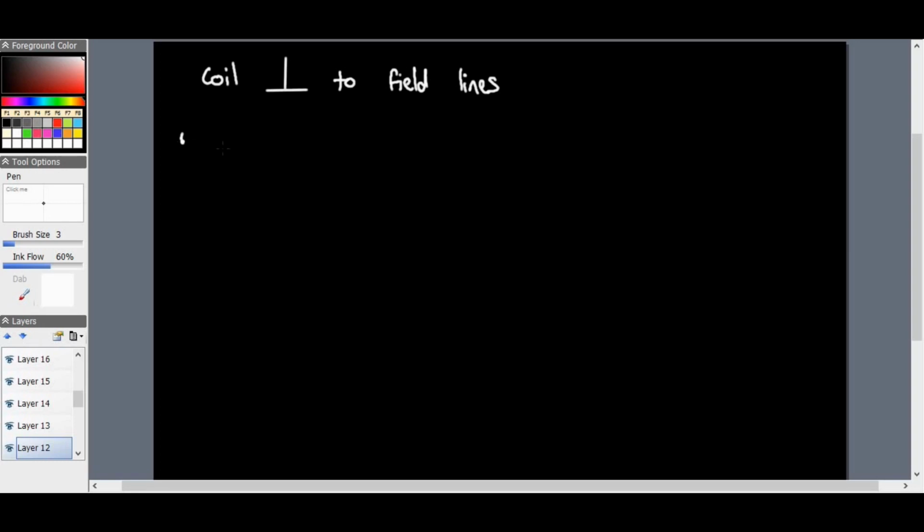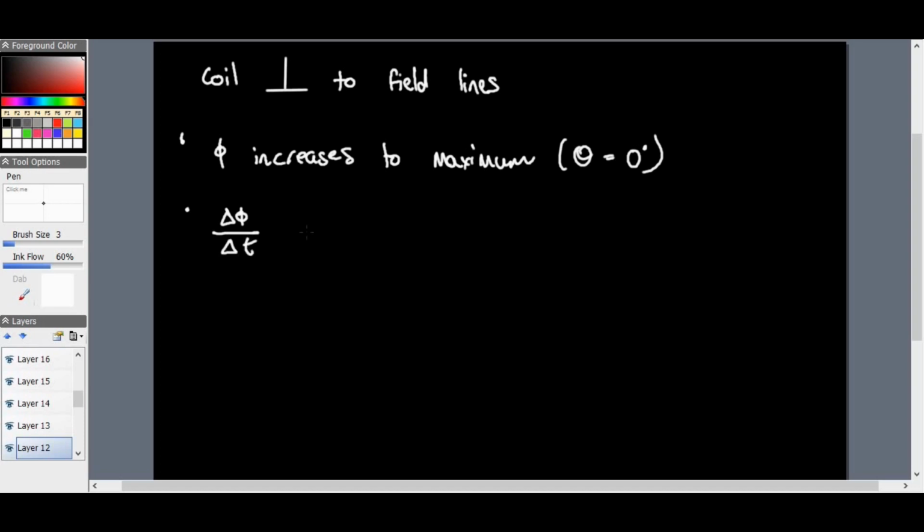First of all, we know that the magnetic flux increases to a maximum, because now theta will be equal to 0 degrees. The other thing that happens is that the rate of change of the magnetic flux decreases to 0. And then the induced EMF and the current would also decrease to 0.